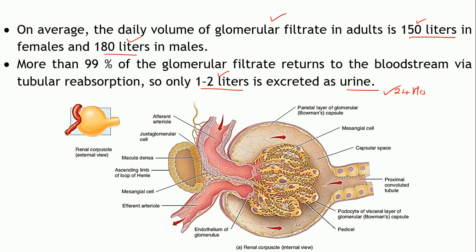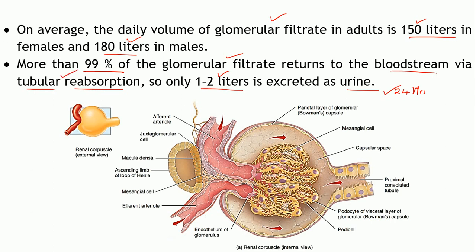Because apart from this filtration process, there are 2 more processes, right? Secretion and tubular reabsorption. This process of reabsorption absorbs more than 99% of the glomerular filtrate. So, it returns most of the filtrate back to the bloodstream by this process of tubular reabsorption.